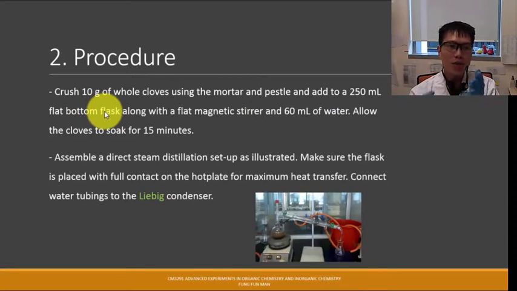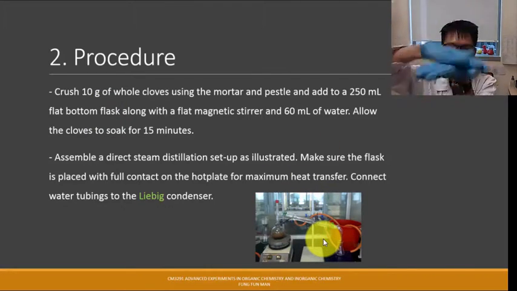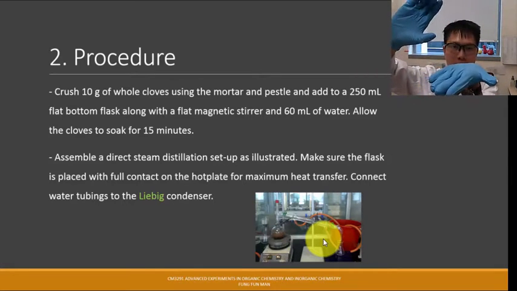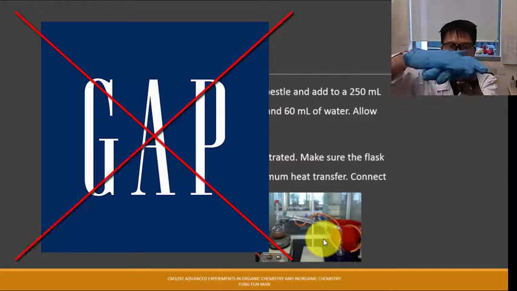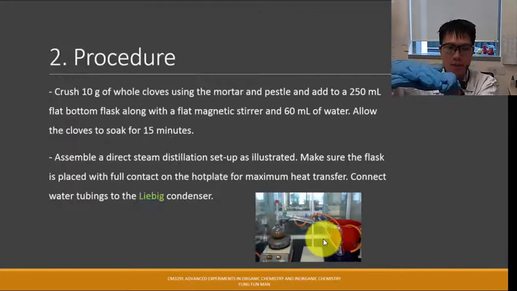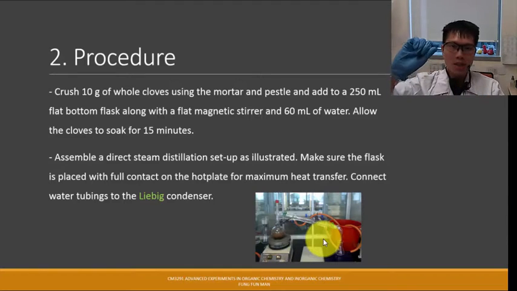Then we assemble a direct steam distillation setup as shown in this picture here. Now you're going to make sure that the flask is placed in full contact, flat bottom flask, right? So it's really flat, no gap between the heating mantle and the flask. Do not just secure tightly the boss head of the retort stand and then think okay it's ready.